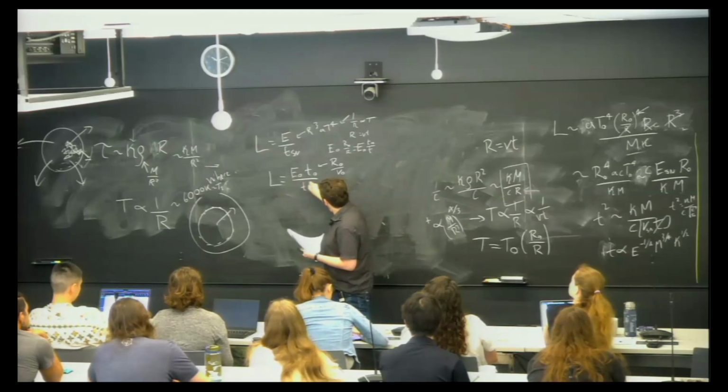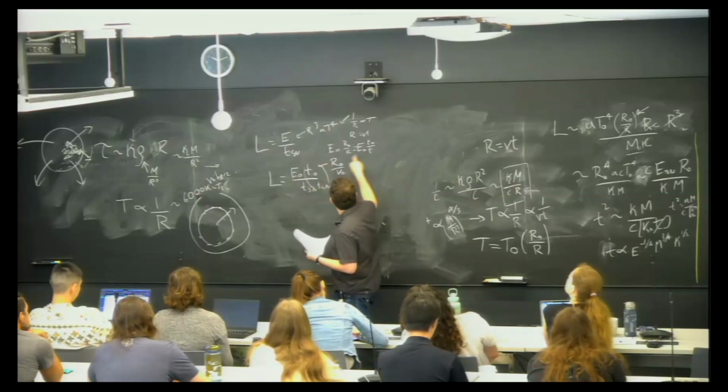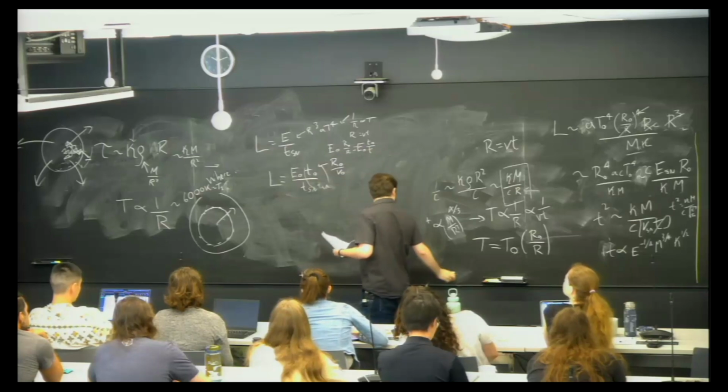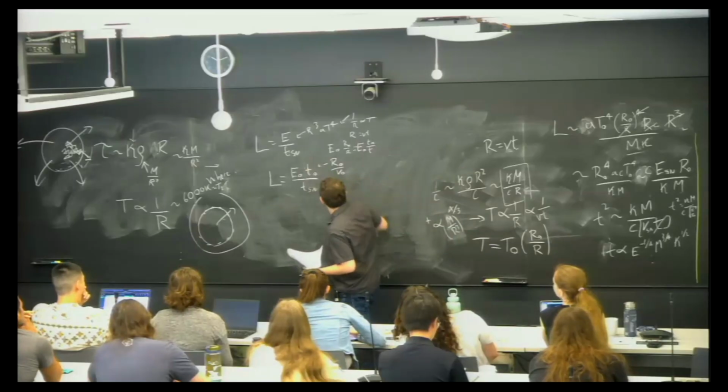And then we'll do this over T supernova times T supernova. Which ends up being T supernova squared, my diffusion time squared.